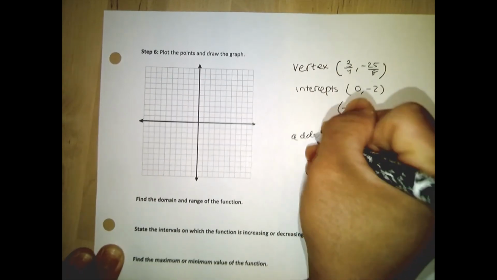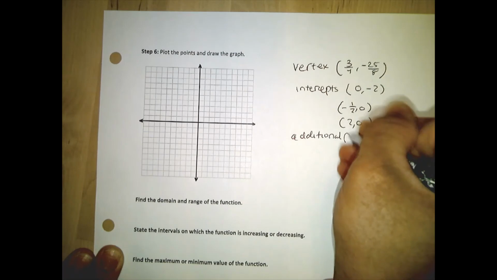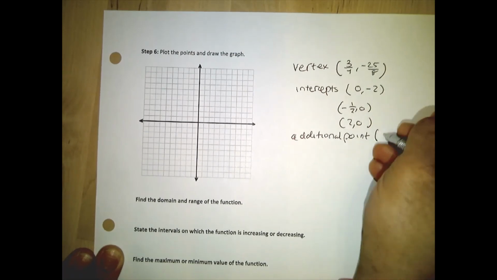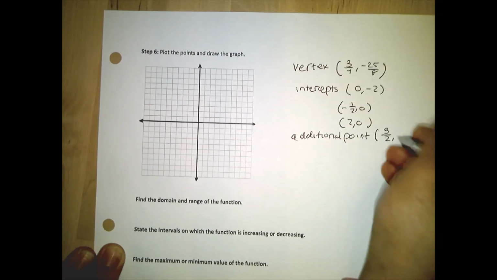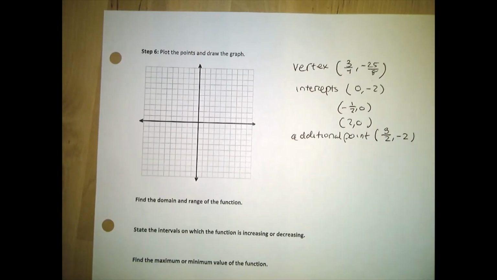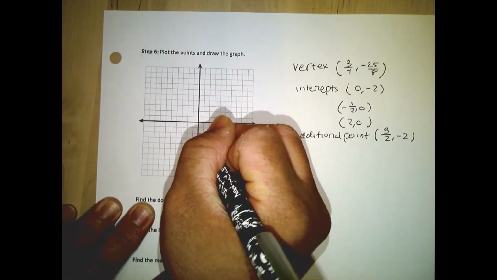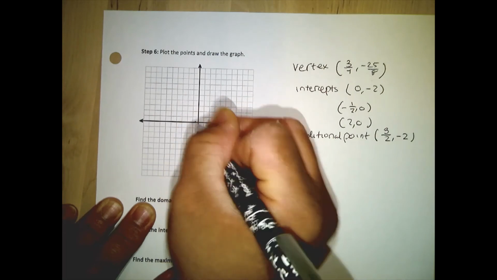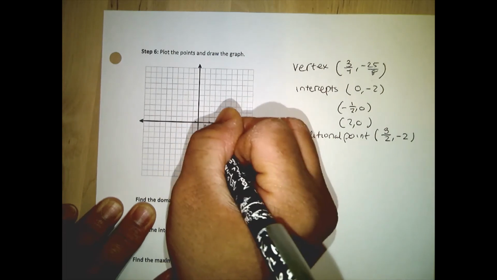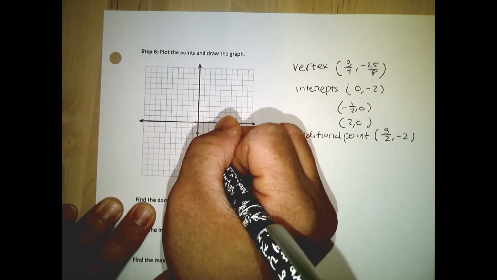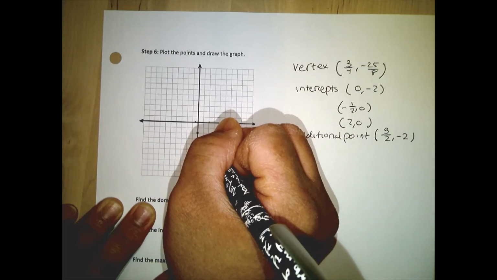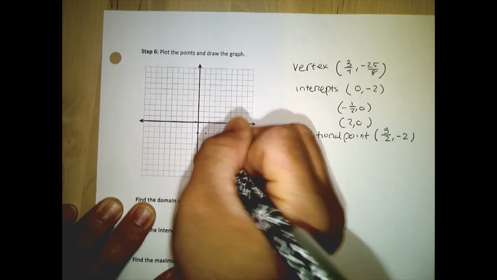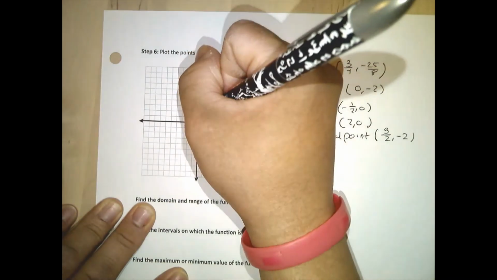And I had an additional point, and that was 3/2, negative 2. And now I can graph this parabola here. So 0, negative 2, negative 1/2, 0, 2, 0, 3/4, negative 25 over 8. And there's my additional point.